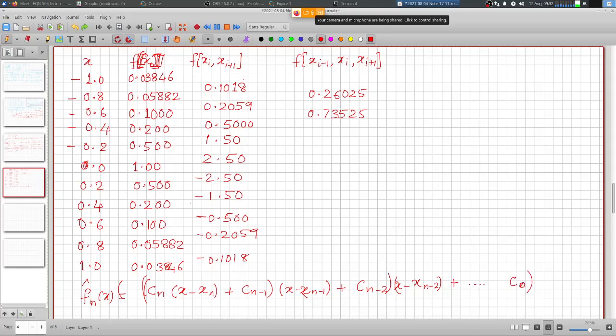So this would be the coefficient C0, and somewhere in the middle of the range, you will end up with Cn.